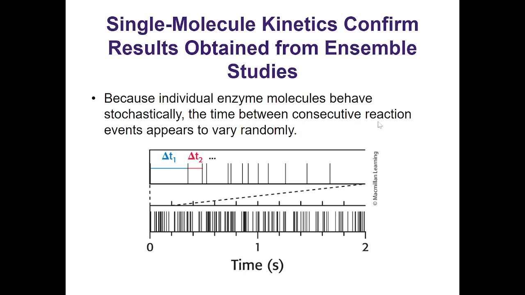Okay, so individual enzyme molecules behave stochastically, so the time between consecutive reaction events appears to vary randomly. Remember that when you're looking at an enzyme, it has to reset, it has to have an unbinding, a binding happen, and it also has to have diffusion occur, right?